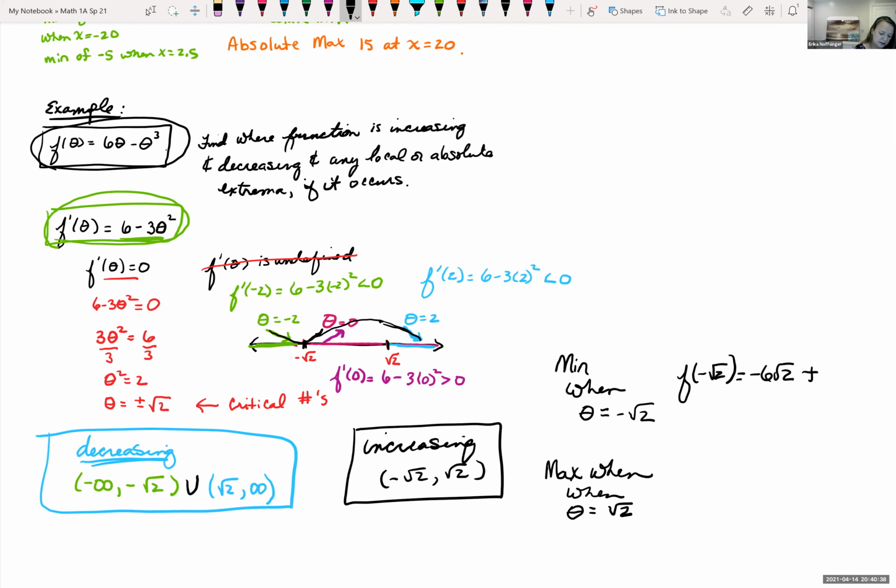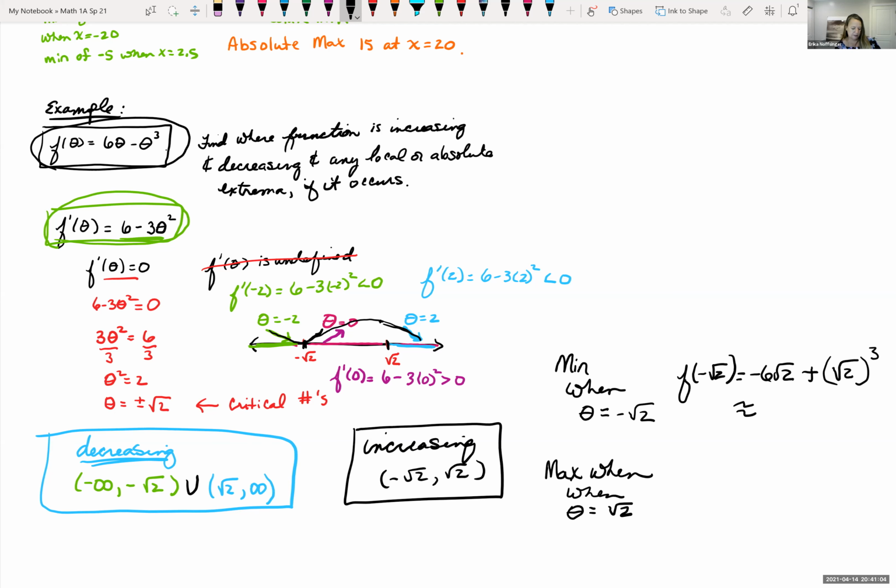So plus √2 cubed. So it depends on, do they want you to keep this in exact form or do they want you to plug this into the calculator?